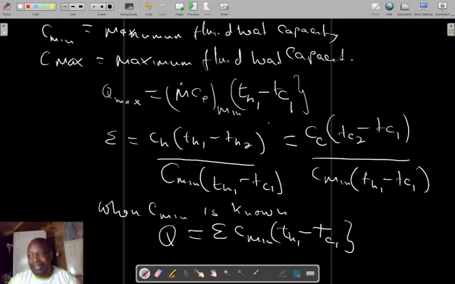So it can either be that or that, and when we know the C minimum, we can go ahead and calculate our Q.